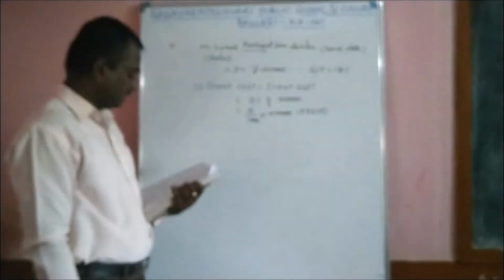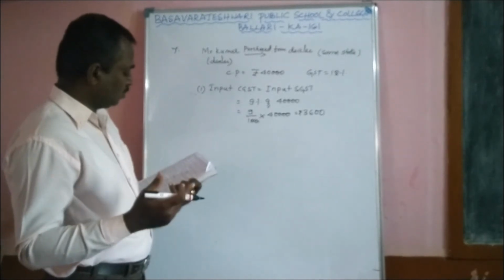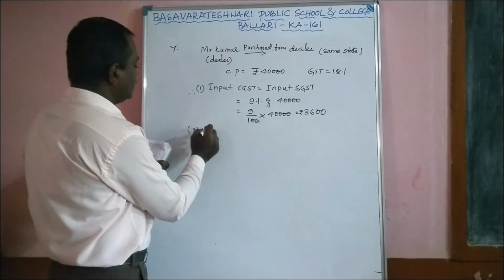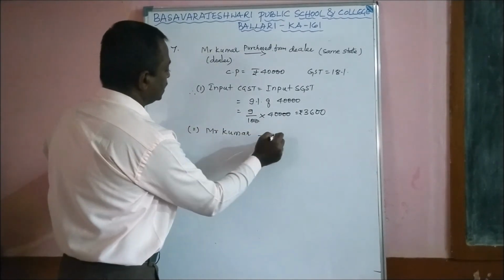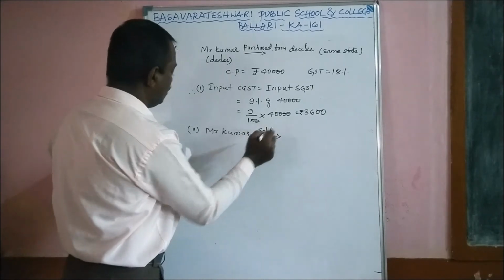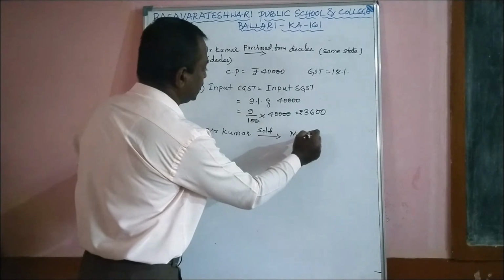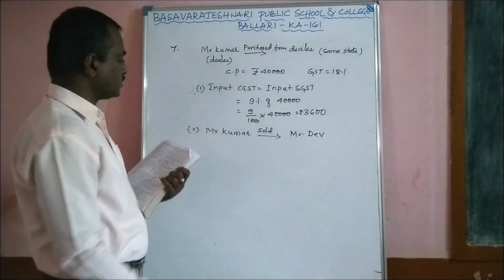Second, Mr. Kumar sold these goods to Mr. Dev, who is also within the state, for rupees 50,000.